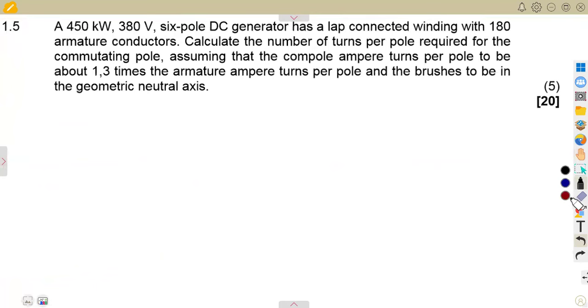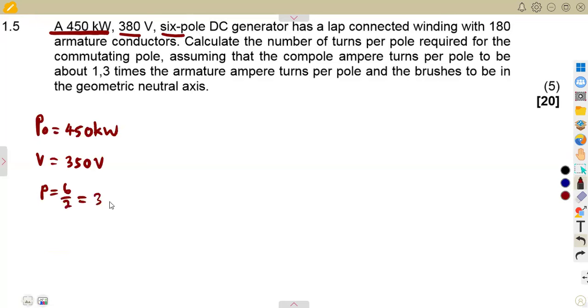All right, then we move on to 1.5. A 450 kilowatt. The moment you are given this, is it a DC generator? Is it a motor? That's the output power, so you're given the output power there, 450 kilowatt, 380 volts, 6 pole, meaning the pair of poles will be 6/2, which is 3 pairs.